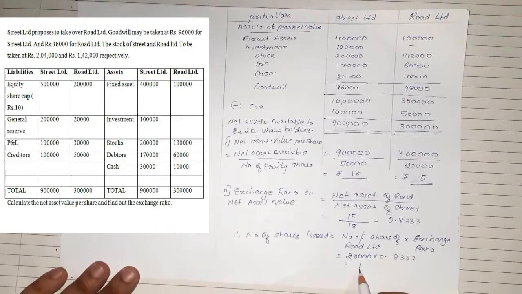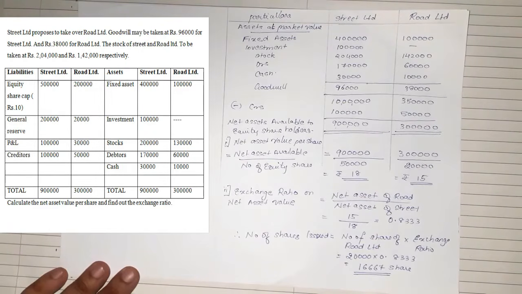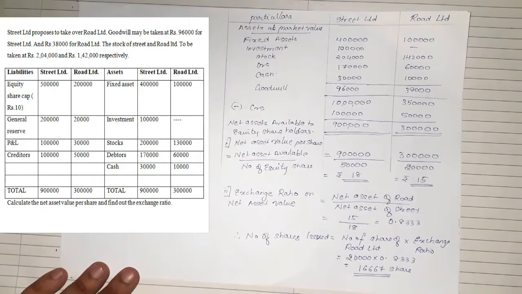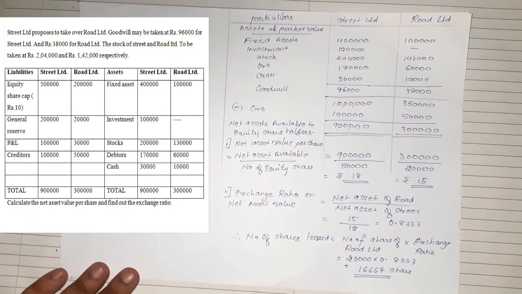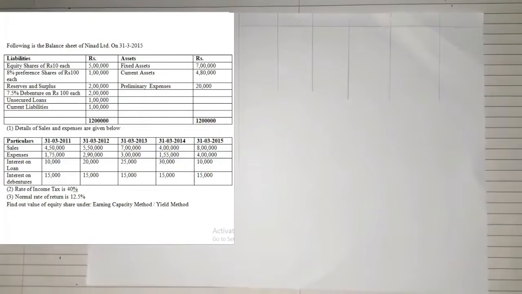When you multiply, you get the answer as 16,667 shares. So if Street Limited wants to take over Road Limited, it will have to give Road Limited 16,667 shares of Street Limited. This is how you all had to solve the sum based on net asset value method along with the exchange ratio.